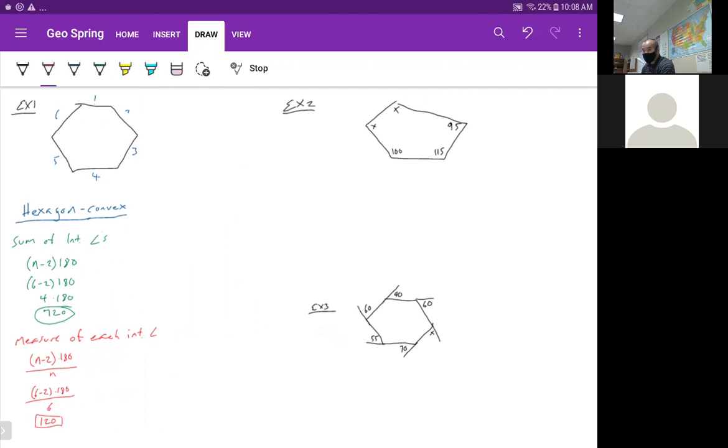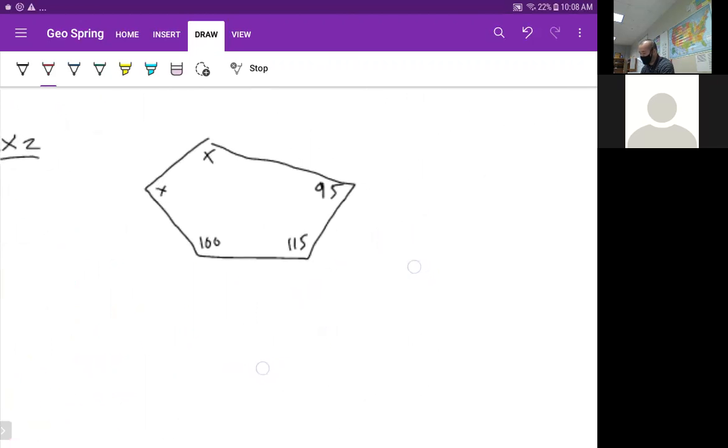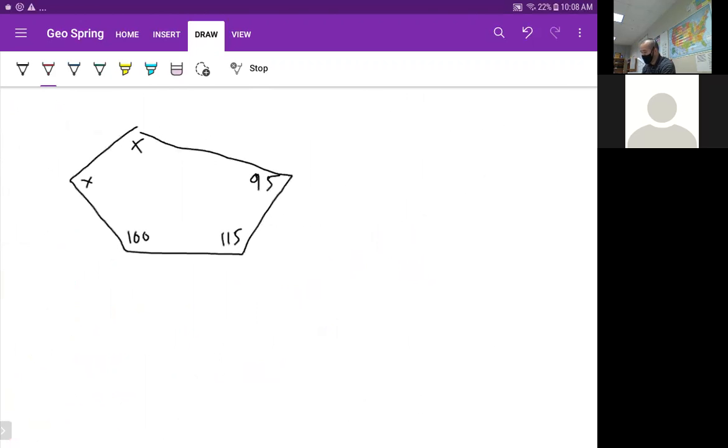The other task you will need to accomplish on this assignment is, if you have a shape like this, to find the missing angles. Let's figure this out. This is 1, 2, 3, 4, 5, so this is a pentagon. The sum of interior angles is 5 minus 2 times 180, so 180 times 3, which is 540. So this whole thing on the inside is 540 degrees.